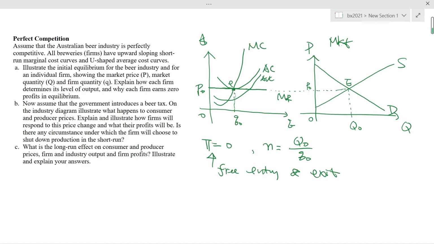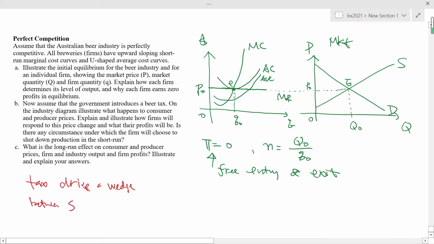The simplest way to put in the tax is to say that tax drives a wedge between supply and demand, as shown here. So this is the tax, a wedge between supply and demand.